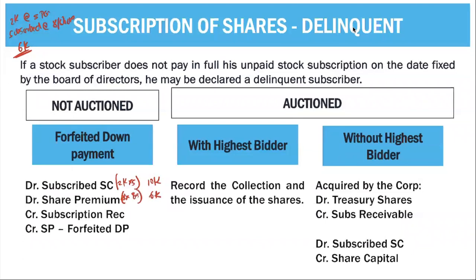You remove the balance of your subscription receivable. So we have 16,000 less the collection of 6,000, 10,000, and whatever is the collection, it is treated as a forfeited down payment. So you credit share premium forfeited 6,000.